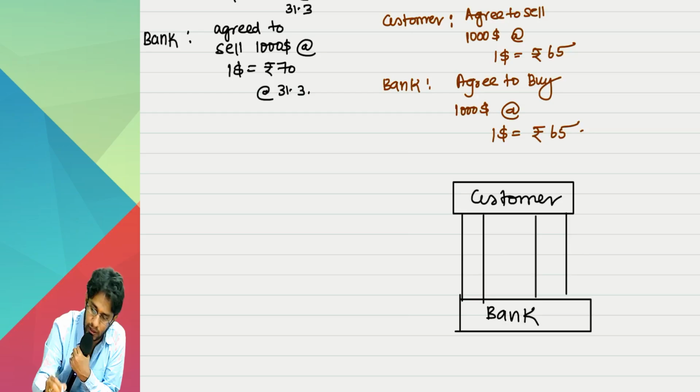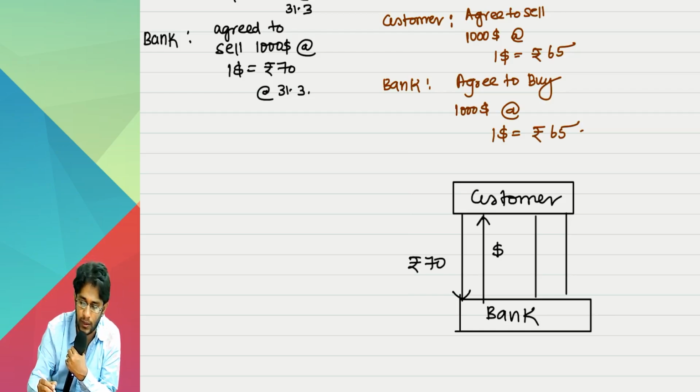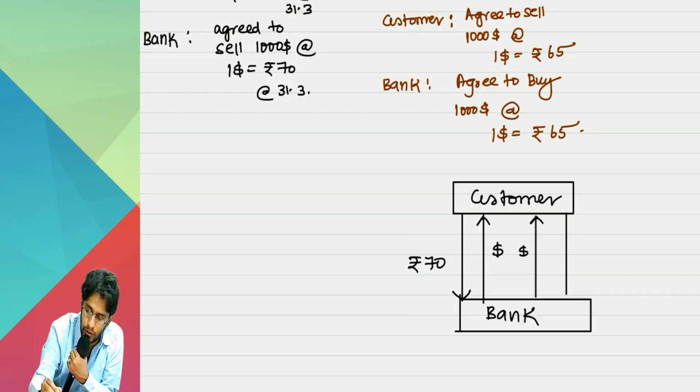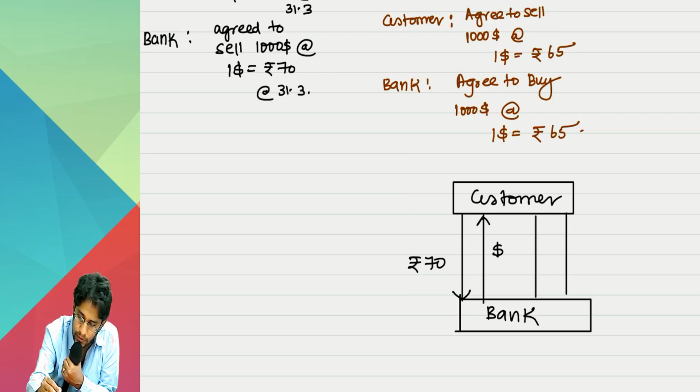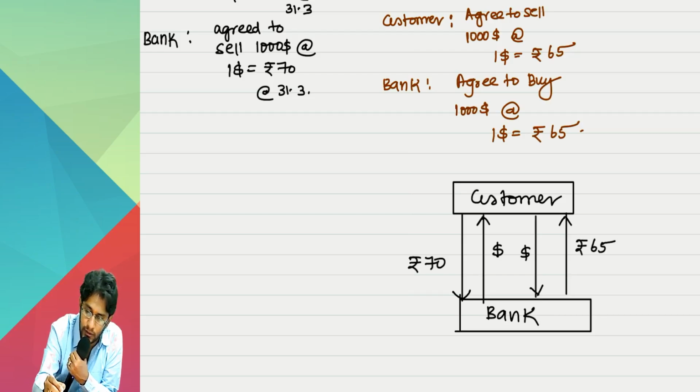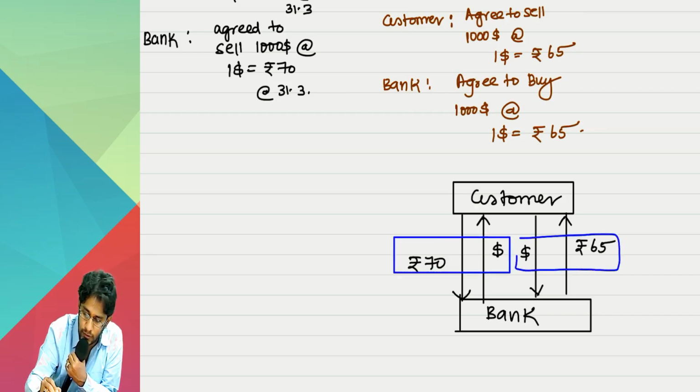My original contract is, I told him that I will buy dollar, I will pay him 70. In the second contract I am saying that no sir, I cannot buy dollar from you, so I am cancelling the contract. So I will enter into a sell contract, sell dollar now, and the bank will pay you an amount of rupees 65. There are two contracts now.